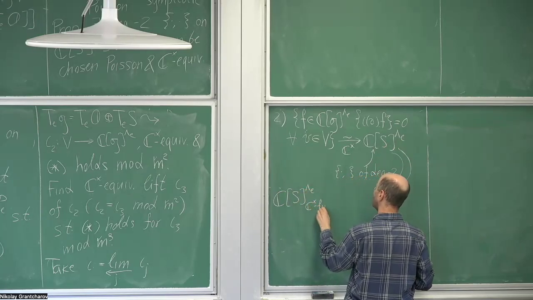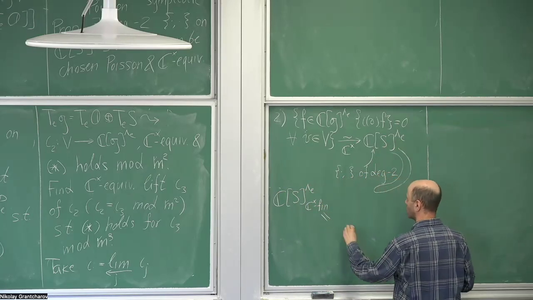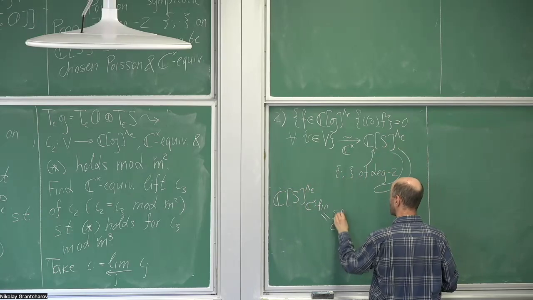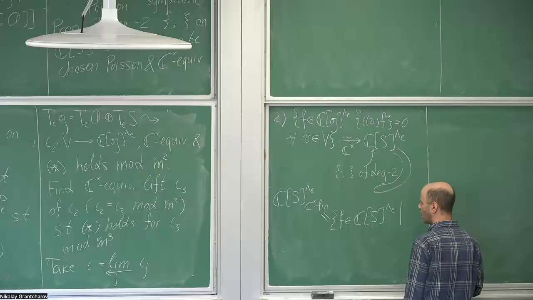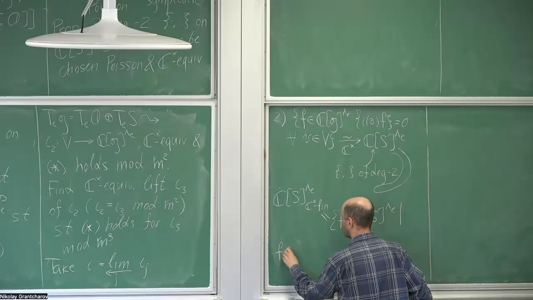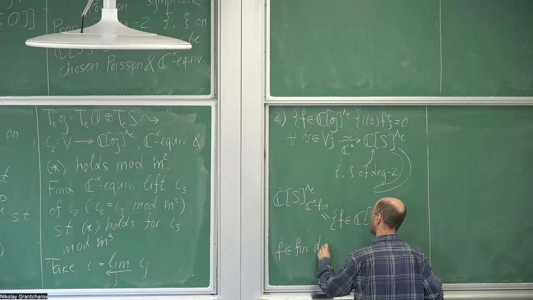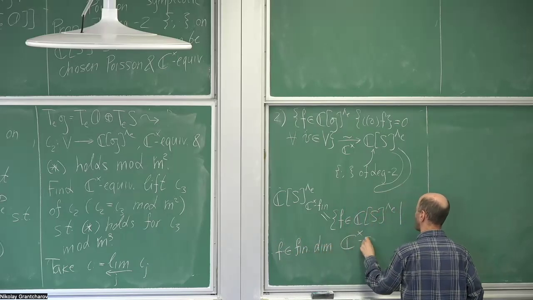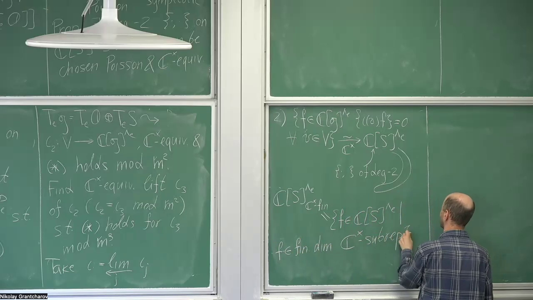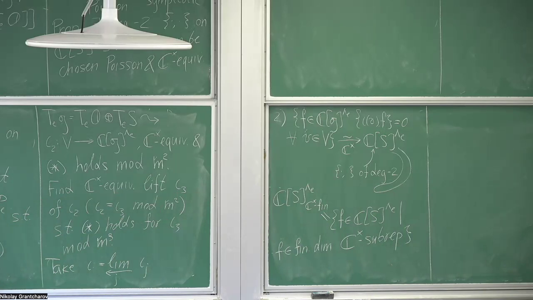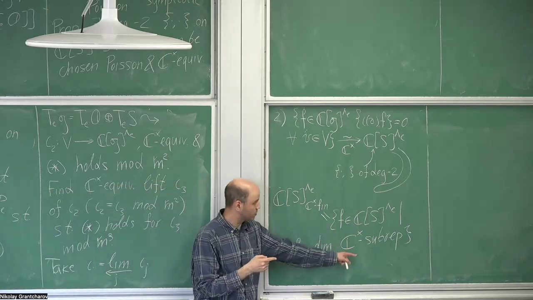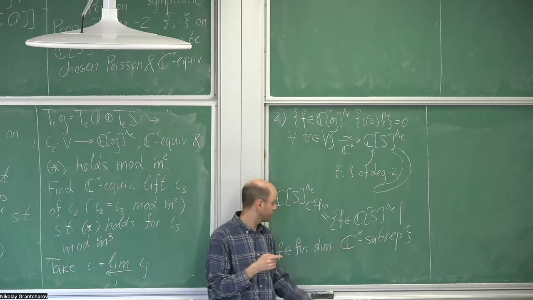Which is the following: all elements in my original algebra that lie in a finite dimensional subrepresentation. That's a subalgebra. And since my Poisson bracket has degree minus 2, if I bracket two elements inside of here, I get an element inside of here.